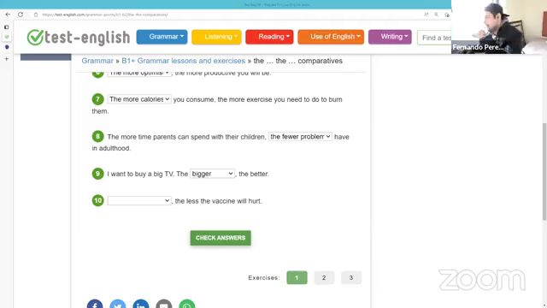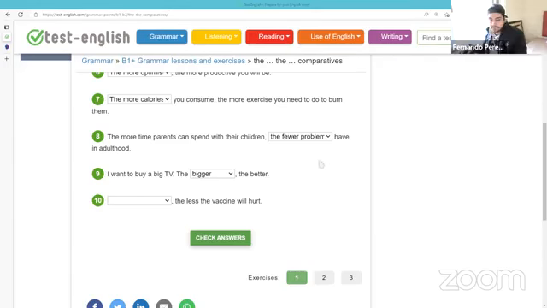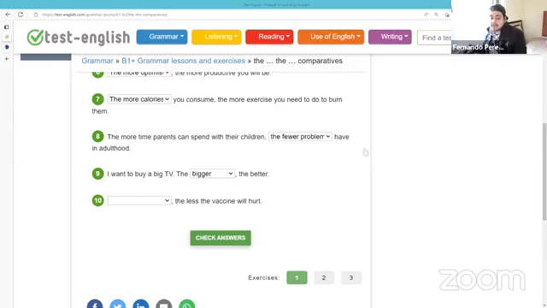And the last one, Sophie. Say the less the vaccine will hurt. That's right. The more... no... the more antibodies. The more antibodies.